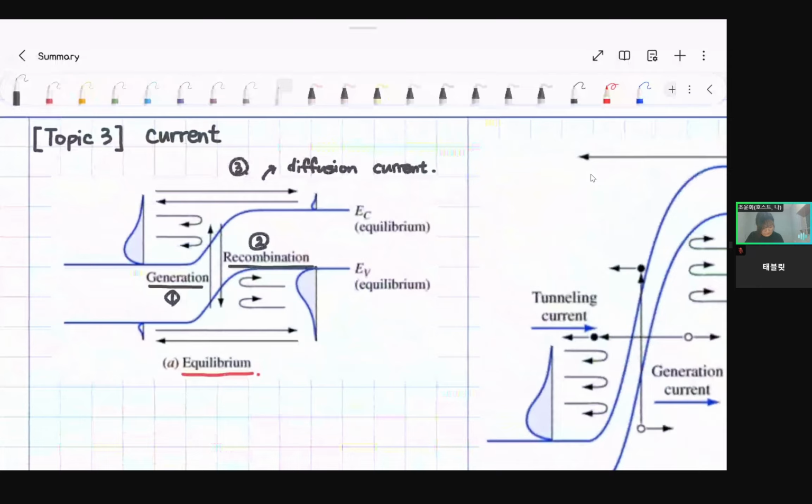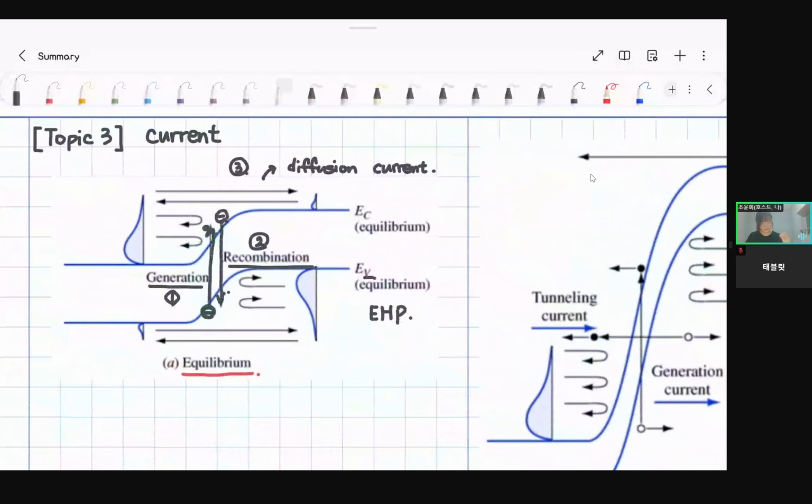First, generation and recombination is similar to what we learned last time about the EHP. The electron of the valence band goes up to the conduction band, and after a few moments, the electron goes down again to the valence band.